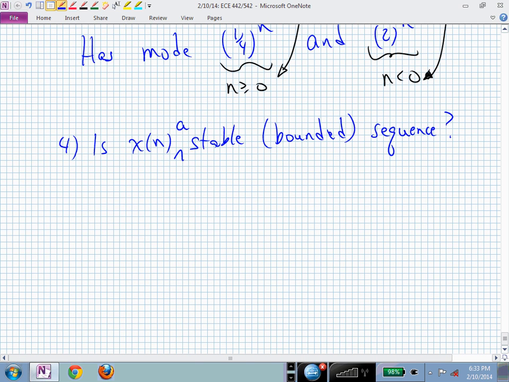Is x of n a stable bounded sequence? It's a stable sequence, or maybe I should just say stable, since the region of convergence contains the unit circle.